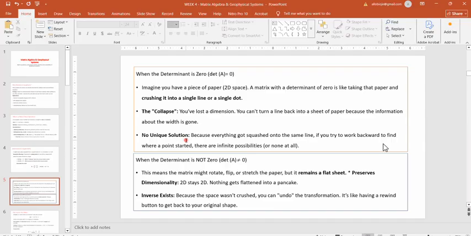If you try to walk backward to find where a point started, there are infinite possibilities, in fact none at all, because you have destroyed it. It's more or less saying that you have a situation that is not reversible.